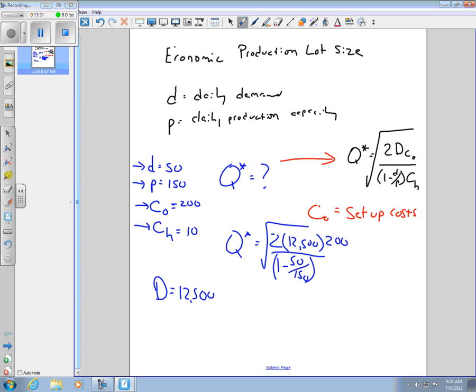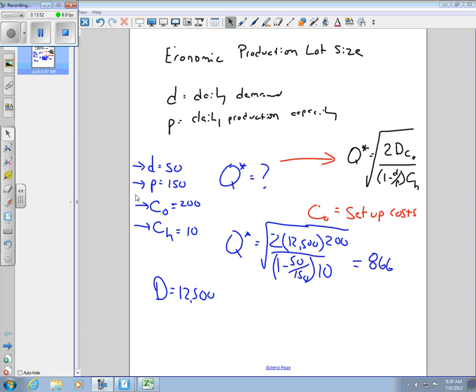So that's 1 minus 1/3. That's going to be 2/3 times 10. Now, if I plug all that into my calculator, you get about 866, which means that I'm going to produce in batch sizes of 866.